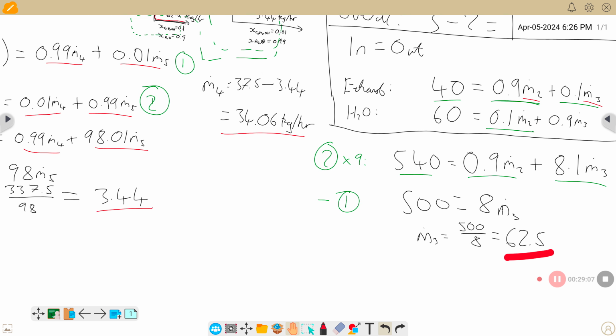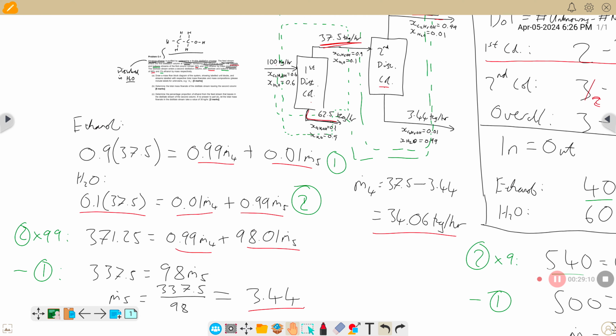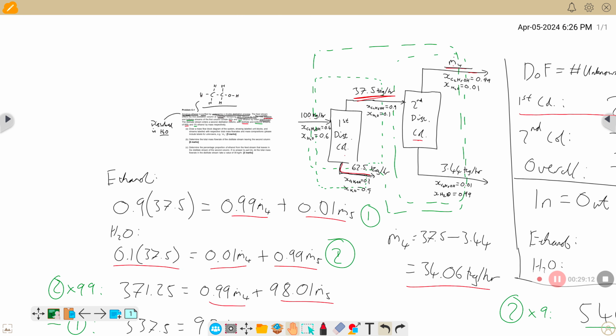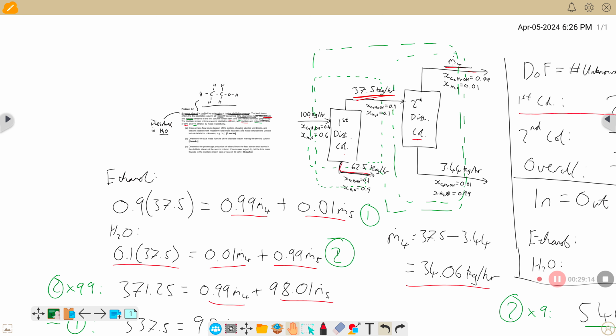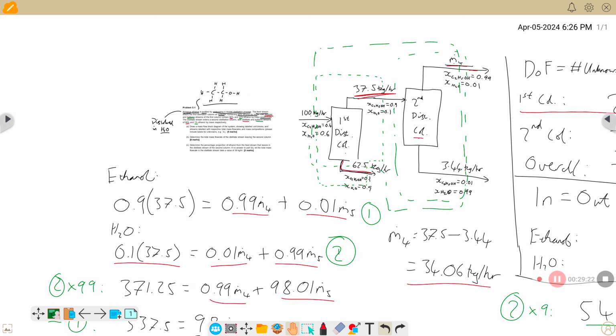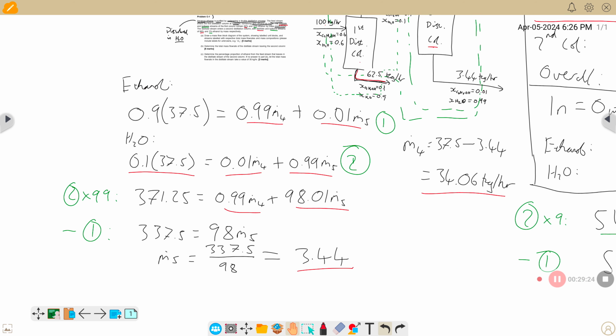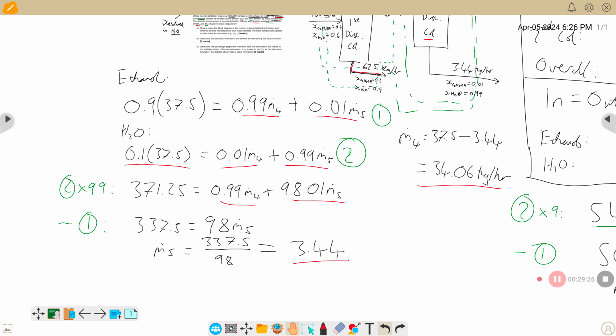And then having determined the distillate stream from the first column, which is then feeding into the second distillation column, that distillation column then becomes solvable, right? So we just do the same thing again. We carry out mass balances on our second column, which gives us these equations, and then again we just do a simple elimination, which gives us our answer.